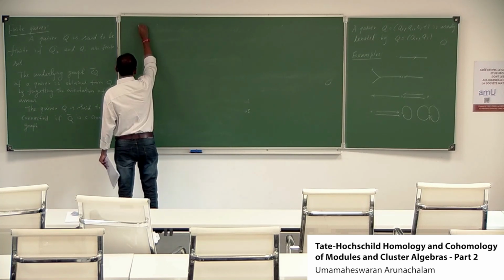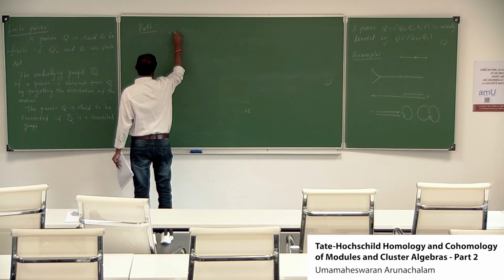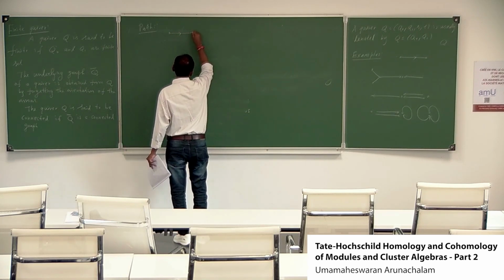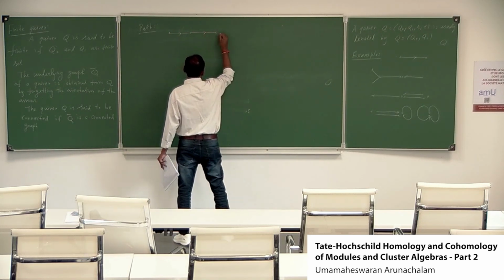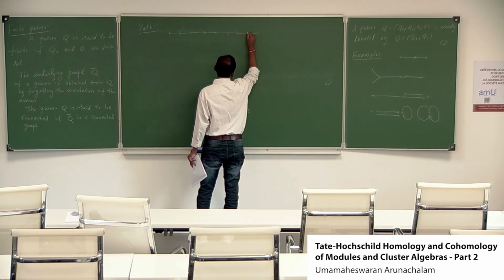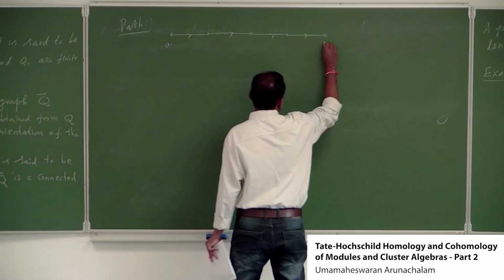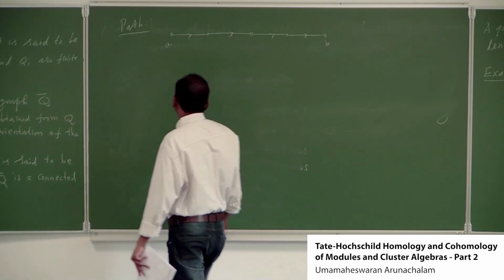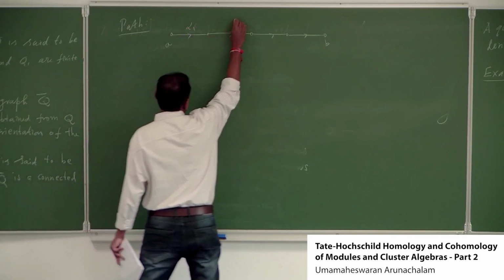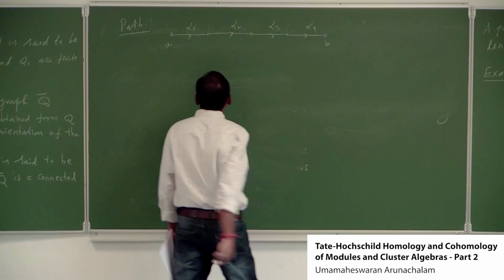A path: suppose these are vertices, this one is a quiver, and we take another like that. Here this one is point a, this one is point b. These are arrows alpha 1, alpha 2, alpha 3, alpha 4.